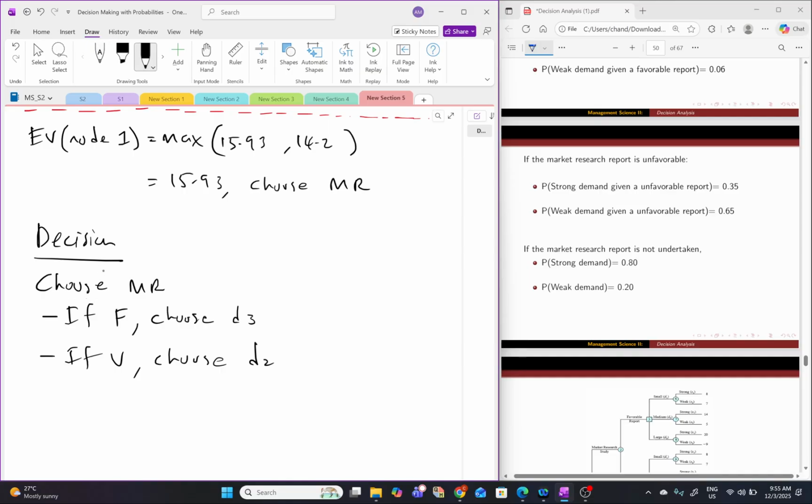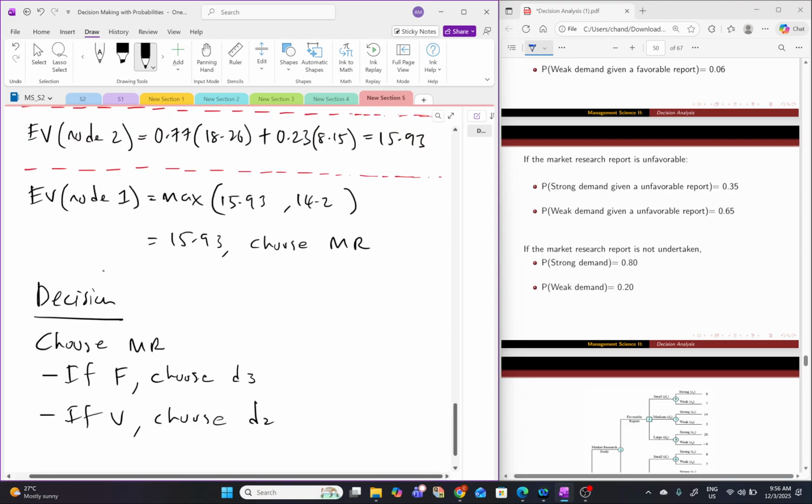That is the decision. So according to this probability here, you kena pilih market research. Kenapa? Sebab dia punya profit lebih tinggi. You akan dapat 15.93. Kalau no market research is 14.2. Okay. Kalau you pilih market research, then you have to choose again between favorable and unfavorable. Kalau F, you choose D3. Kalau U, you choose D2. That's the answer actually.